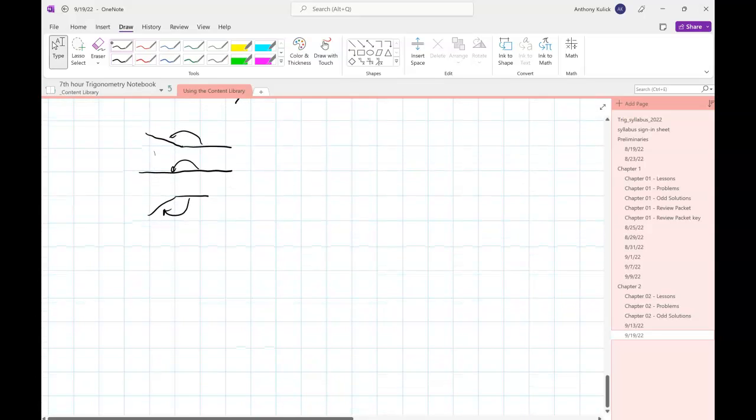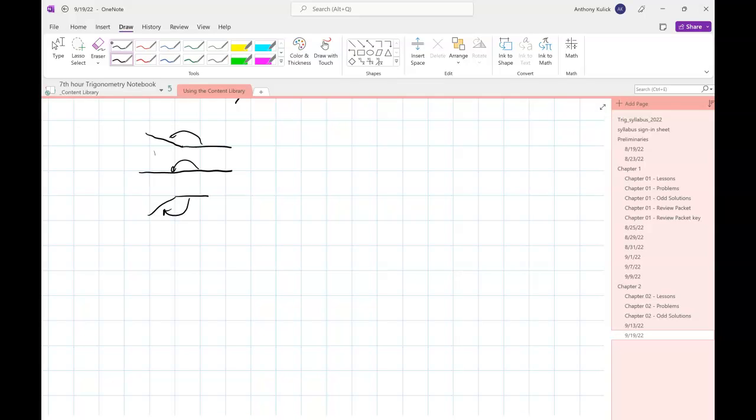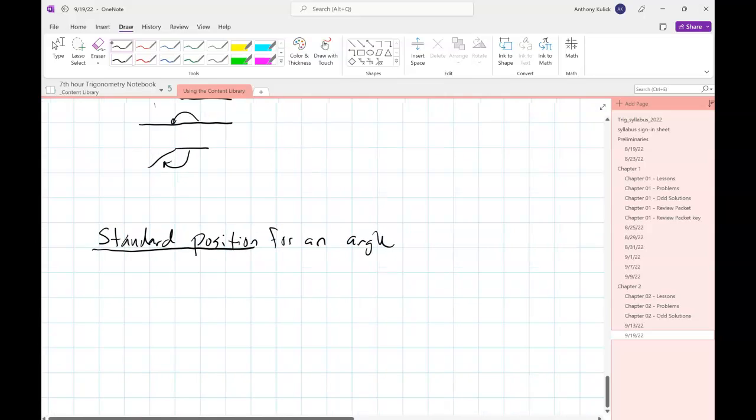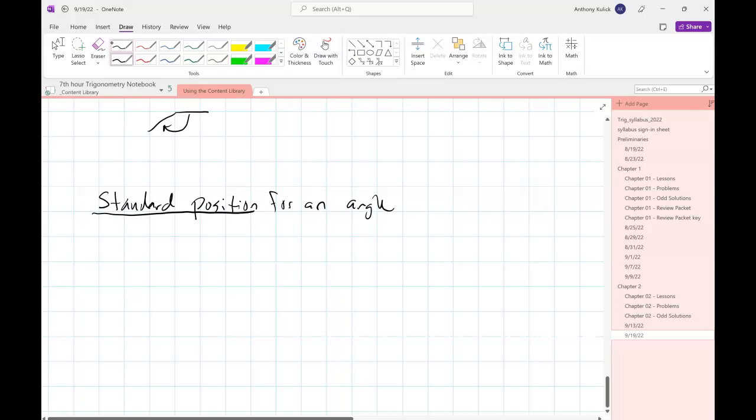So what we're going to do is define a new way of describing an angle called the standard position for an angle. So let's say that I have this angle here.